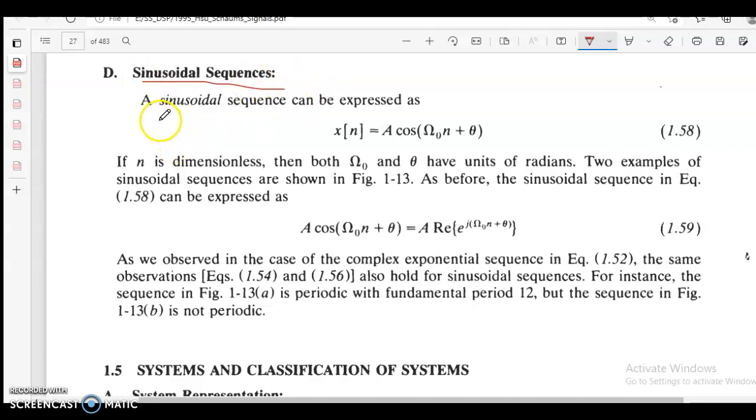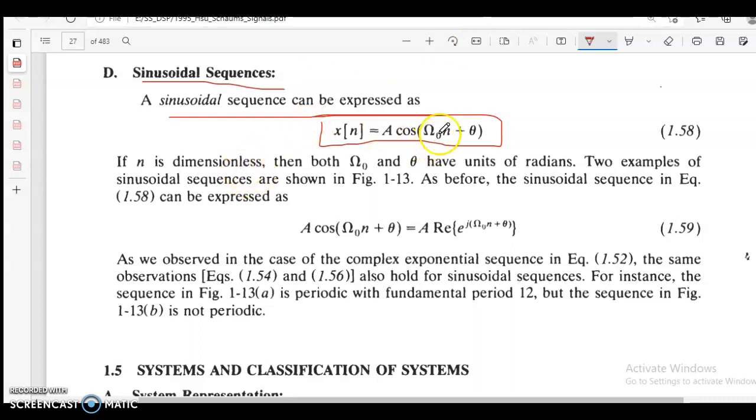Sinusoidal sequences. The sinusoidal sequence can be expressed as x of n equal to A cos of omega naught n plus theta.